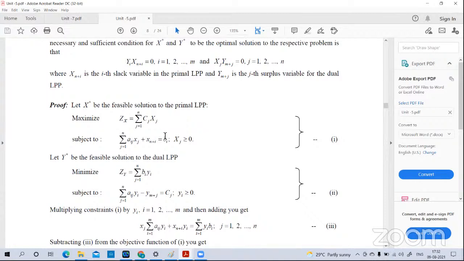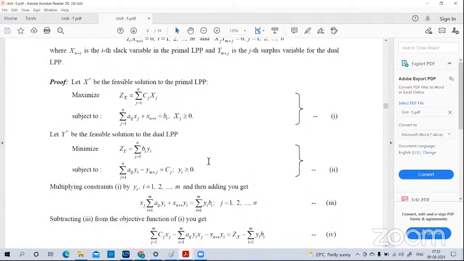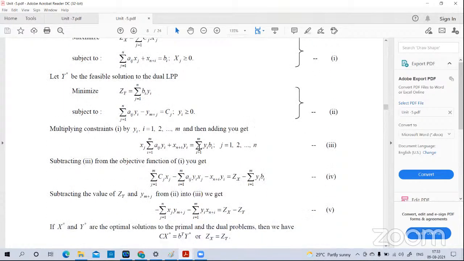So this original objective function will be converted into our required dual objective function, and the constraints with those slack variables will be converted to the surplus variables. Then multiplying the constraints by yi, automatically it will be converted to equation number 3 and equation number 4.